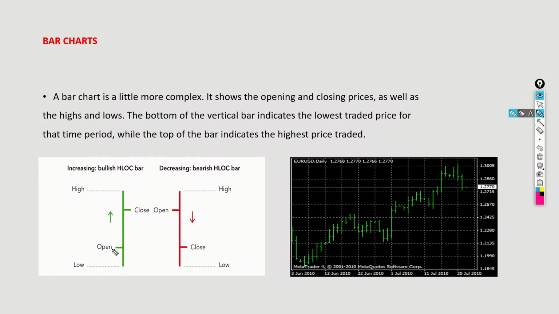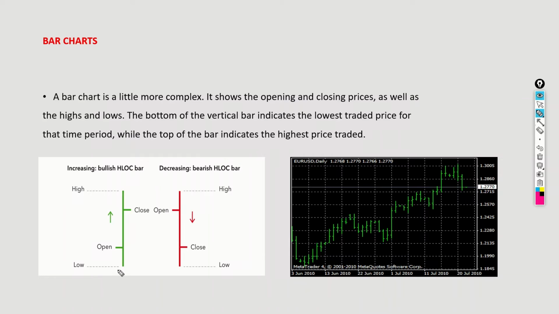When the price opens lower and then closes higher, the price increased. When the price opens higher and then closes lower, that shows you a decreasing bar, or what we call a bearish bar.